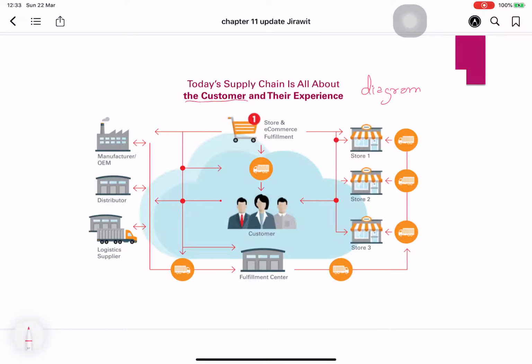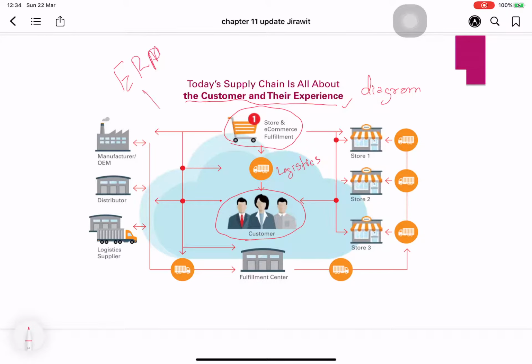This is about ERP that you can see the stakeholders, the customer, and share your experience. This is a customer. This is store, right? And do some logistics to the customer.